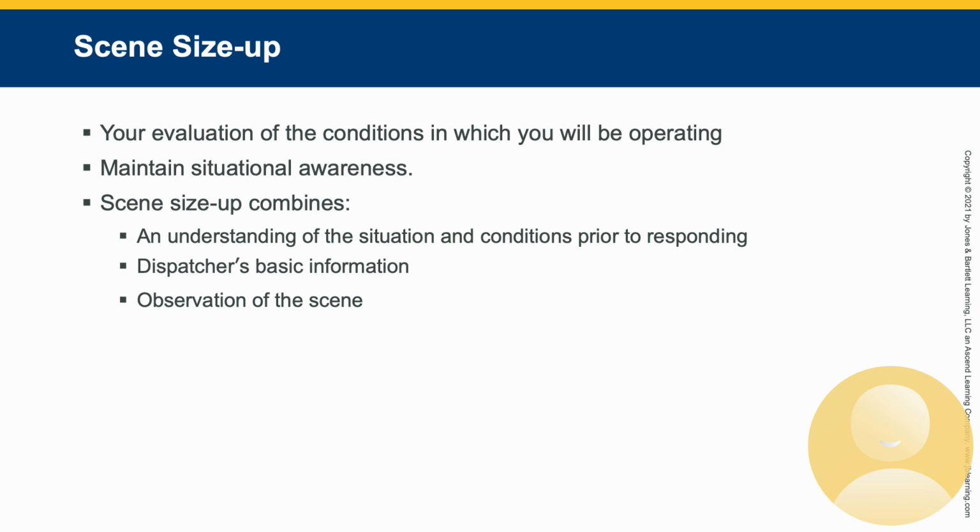So when we pull up to the scene, we're asking ourselves, is the scene safe, right? Are there any environmental dangers, unstable structures, weather concerns, or maybe even evidence of violence? So there's also critical elements about where should we park our rig for safety and ease of egress, right?